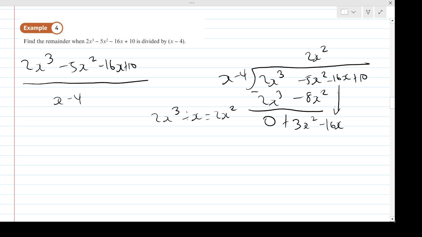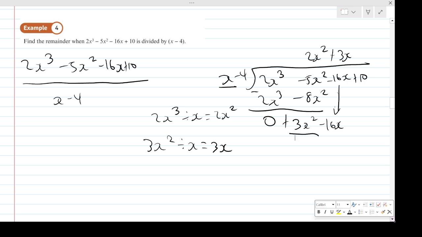So now the next highest term in here is 3x squared. And so 3x squared divided by the x there is then 3x. So we're going to write plus 3x up there. And that's what we're going to be using to times it by everything outside. Because then we're going to get 3x squared again.